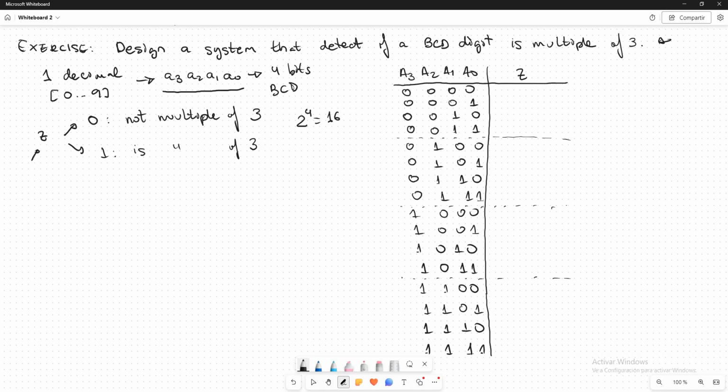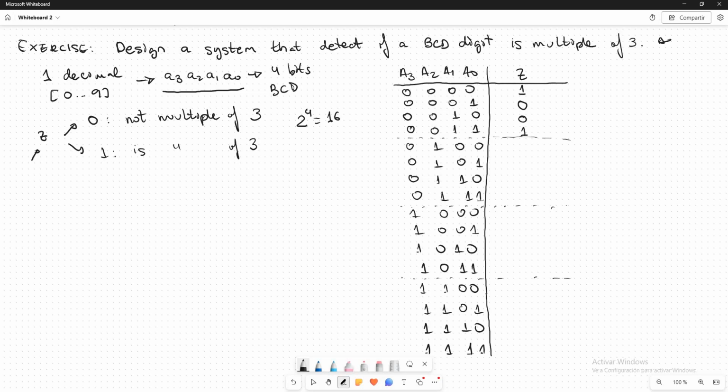The first combination is 0. Well, we can consider the 0 as multiple of 3. Maybe those of you from the double degree in mathematics think differently. Let me know. We are going to consider that the 0 is a multiple of 3. So the 0 is a multiple of 3. The number 1 is a multiple of 3? No. The number 2? No. The number 3?